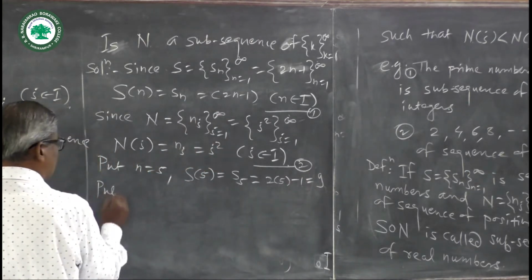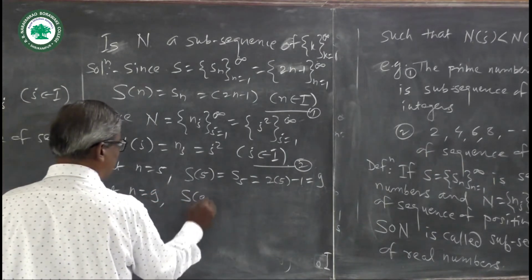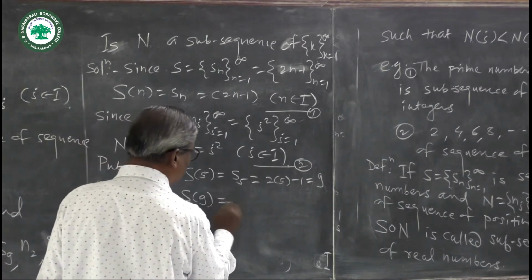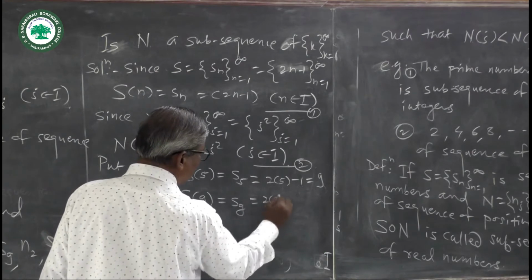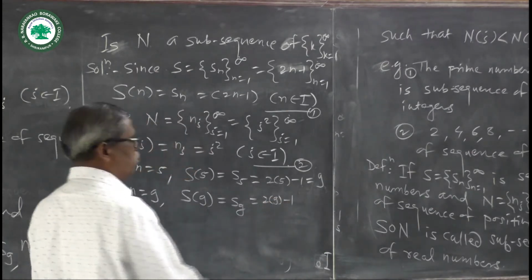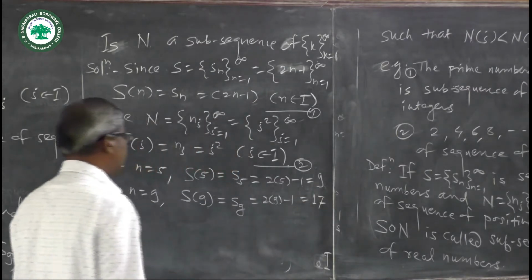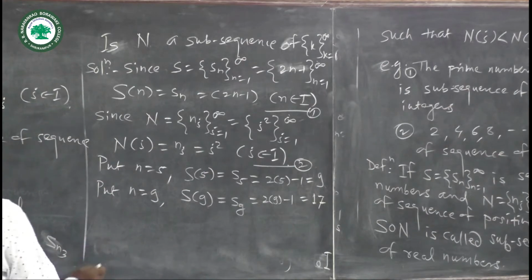Again put n is equal to 9. S operates on 9, that is the 9th term of the sequence of real numbers. S suffix 9 is equal to 2 into 9 minus 1, 18 minus 1 is equal to 17. This is the 9th term of the sequence of real numbers S n.